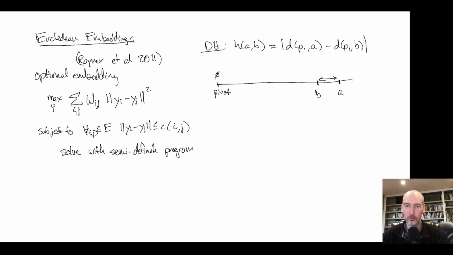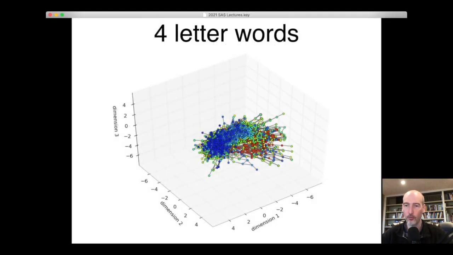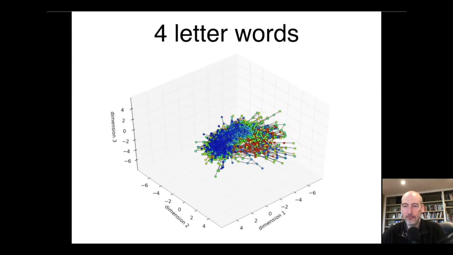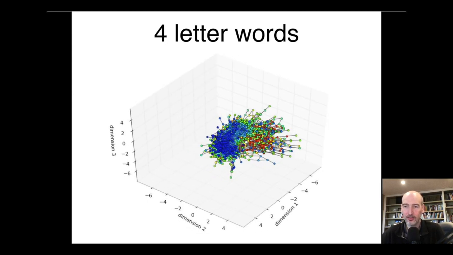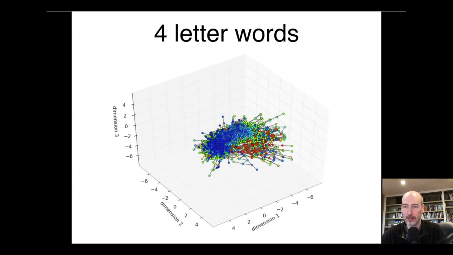What I want to show you, just as an example, is that we can take a state space like all four-letter words and embed them into a three-dimensional space, and we'll show an animation of this. Every node here corresponds to a four-letter word in the English language.